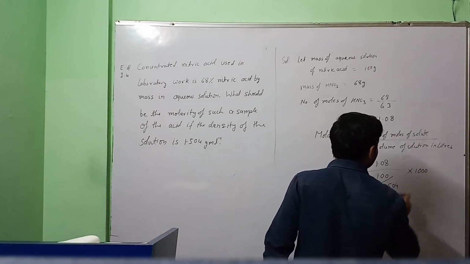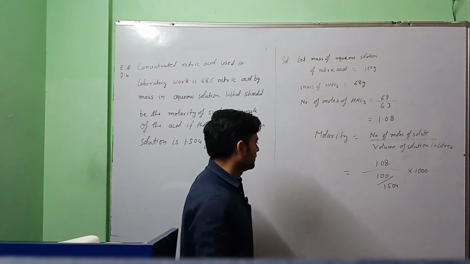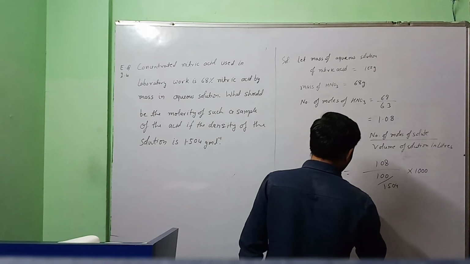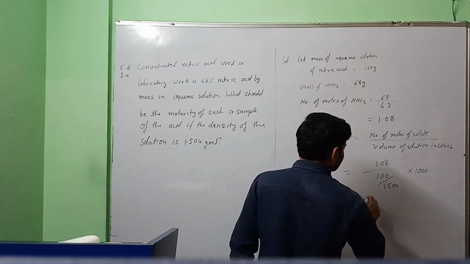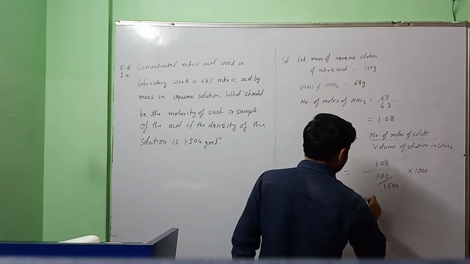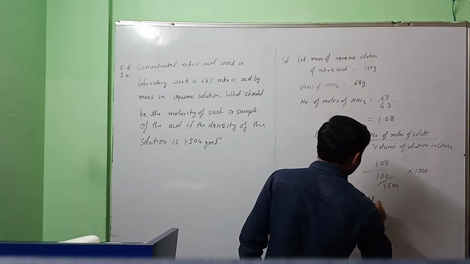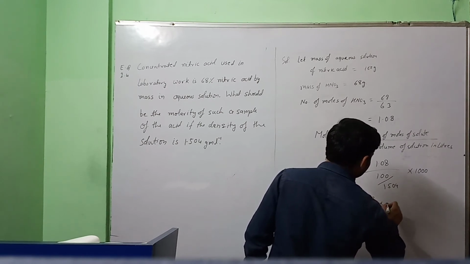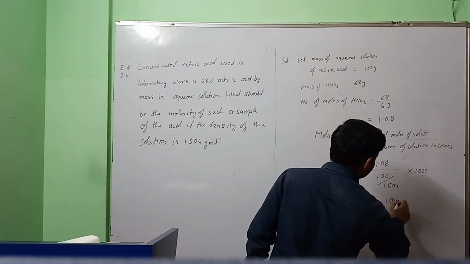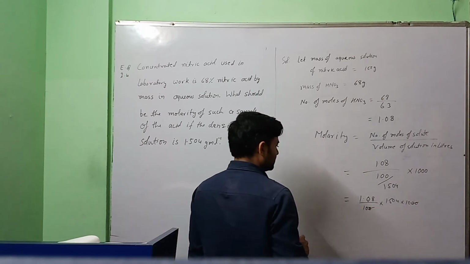So volume is divided by 1000, means ultimately it is multiplied. Now 1.08 upon (100 into 1.504 into 1000). So these two zeros are cancelled.